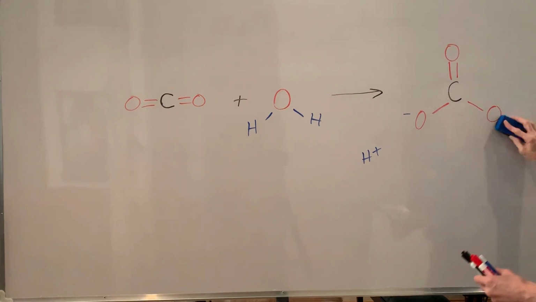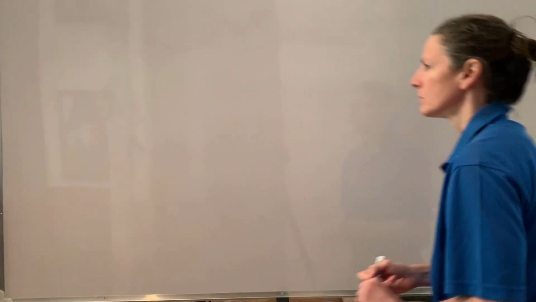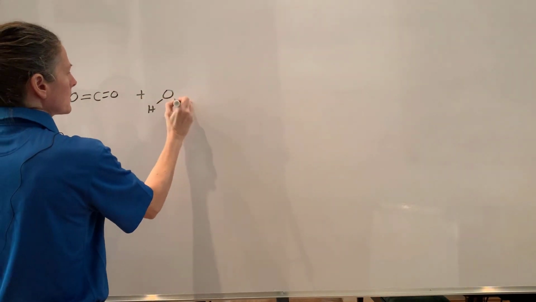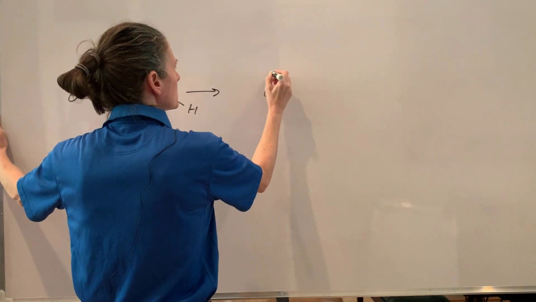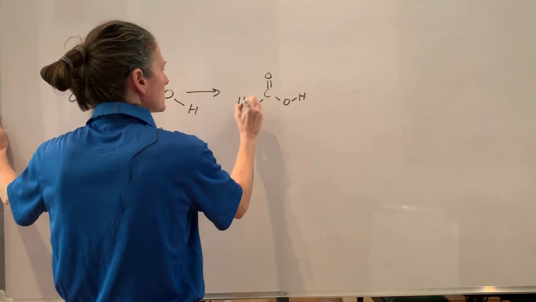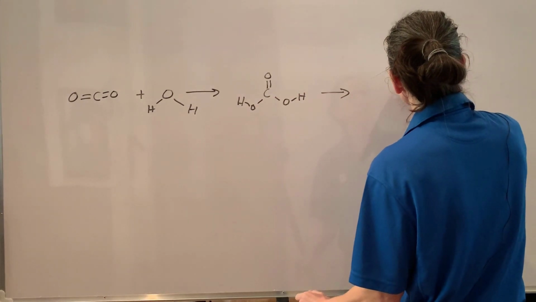So if we were to write this whole thing out, we would have carbon dioxide over here plus water yields carbonic acid, which can become bicarbonate ion.